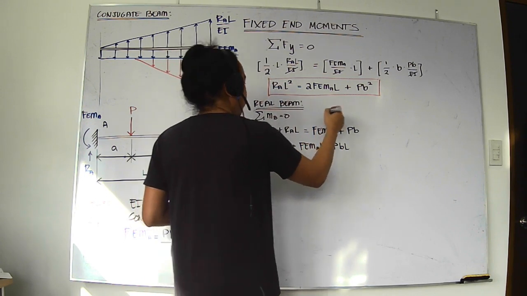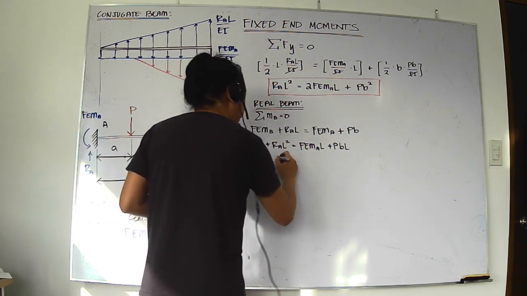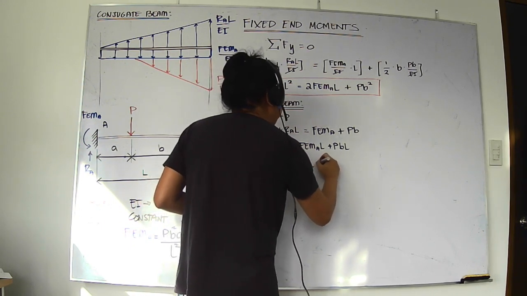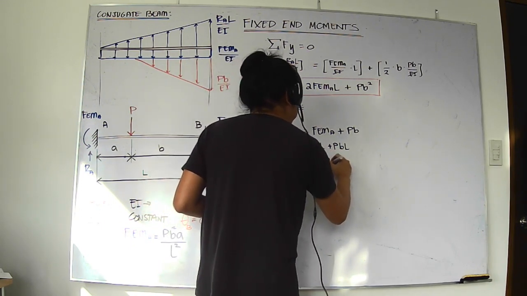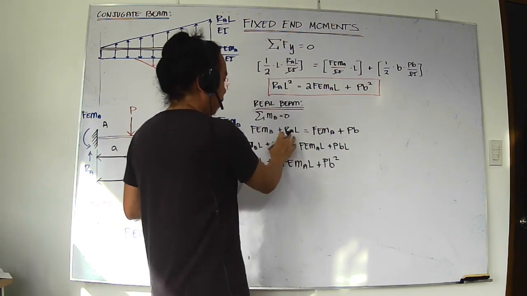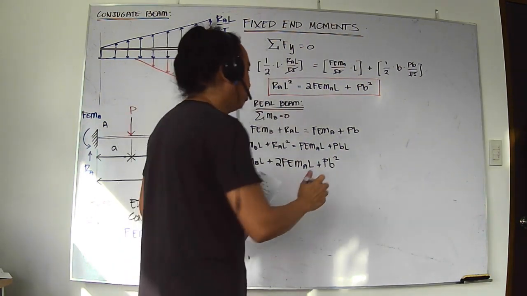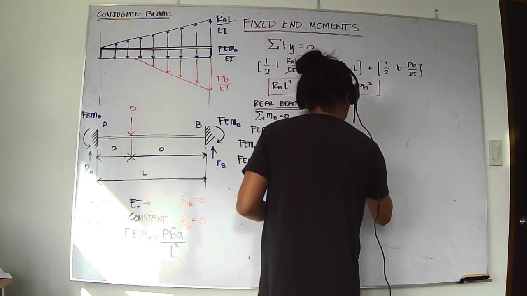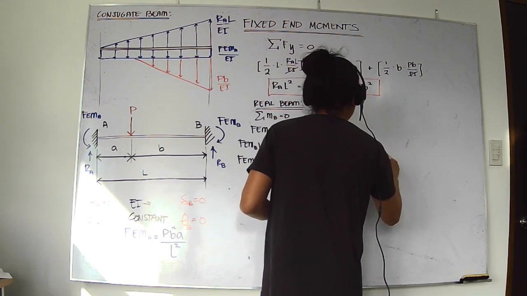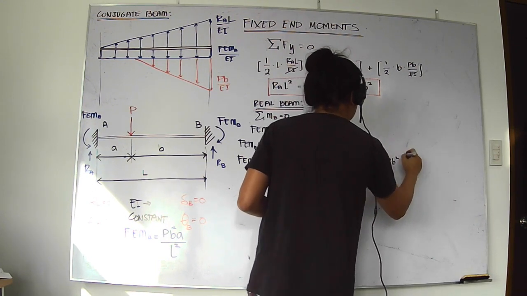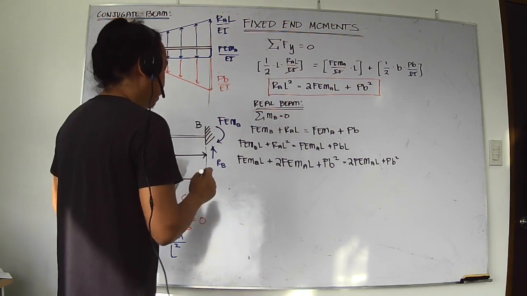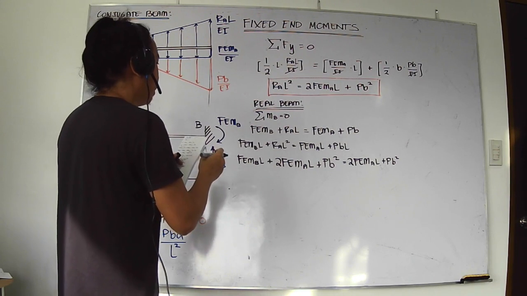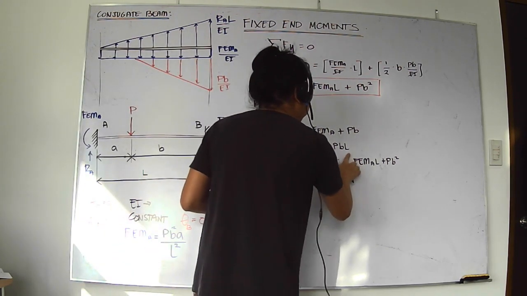We can break this down: that becomes 2 FEMAL plus PB squared. There are no multipliers, so we can just substitute directly. So we have 2 FEMAL plus PB squared. Okay, oh, that should be 1 instead.